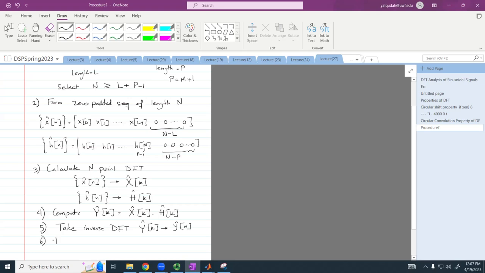Last step, the first L plus P minus 1 terms of y hat of n are equal to x of n convolved with h of n, which equals y of n.